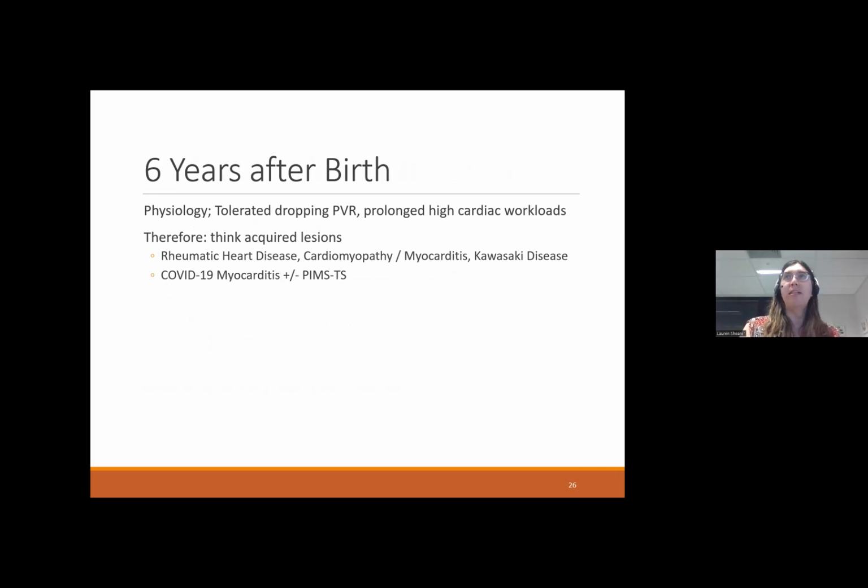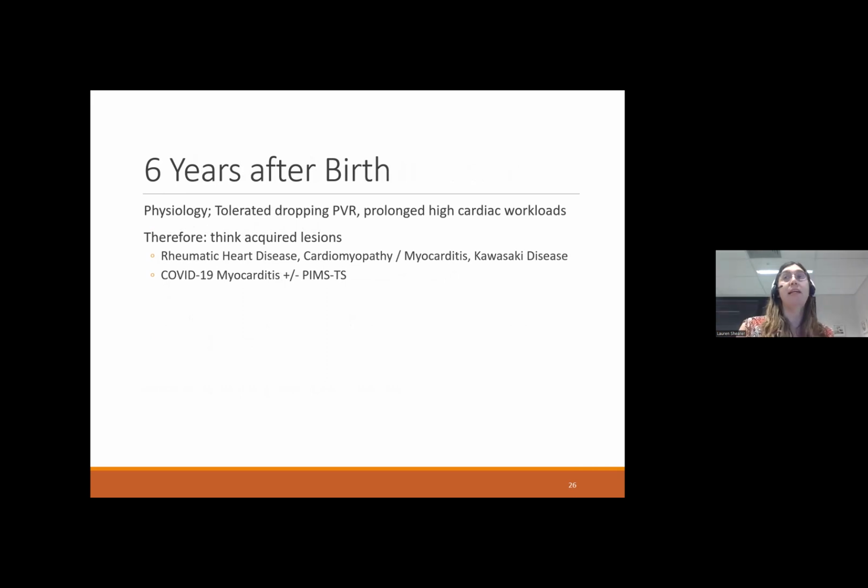Finally, the last important group to think about is those actual childhood ages, so the 6 years after birth. So these children have demonstrated that they've tolerated the drop in PVR, they've potentially had prolonged high cardiac workloads. So to get there without having other signs and symptoms of congenital disease is relatively unusual, with a few exceptions.